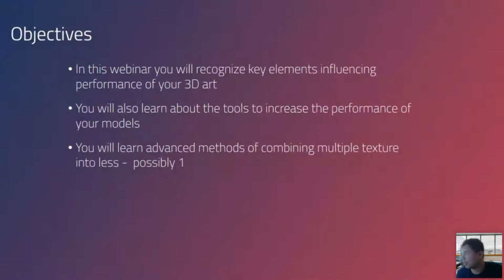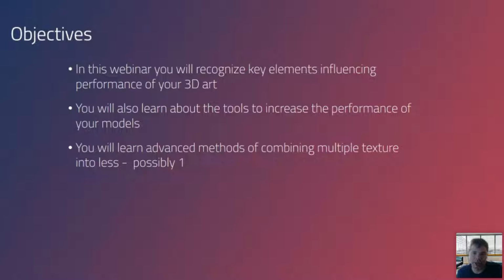What we're going to take on in this session is to recognize the elements that will influence the performance of whatever you're going to upload regarding the 3D assets, of course. You will learn a few tools to increase the performance of your models.